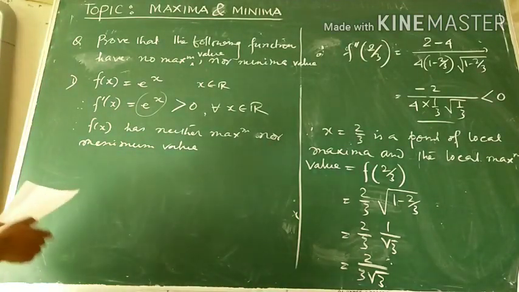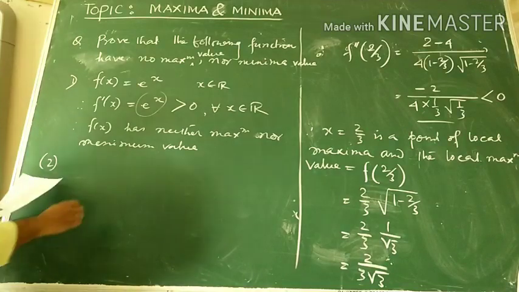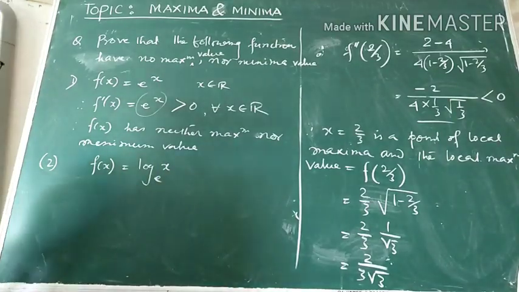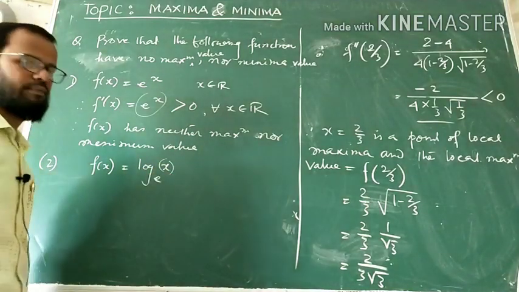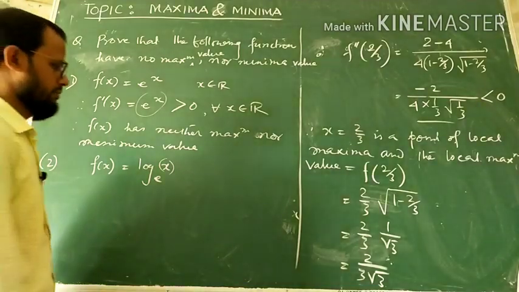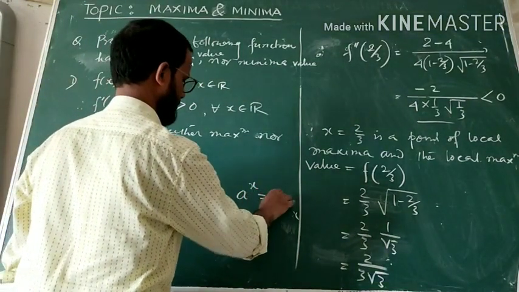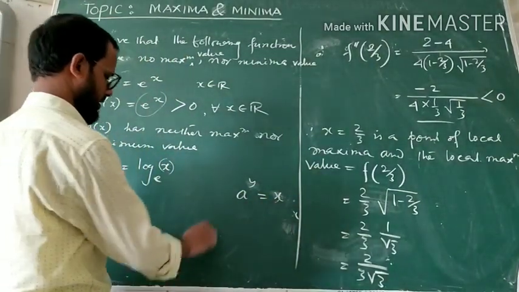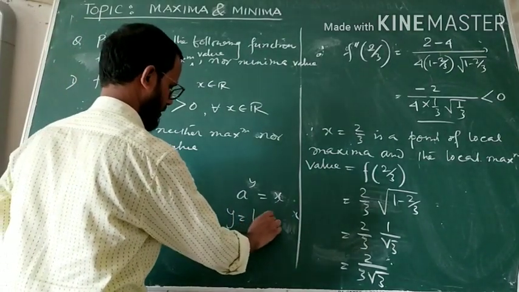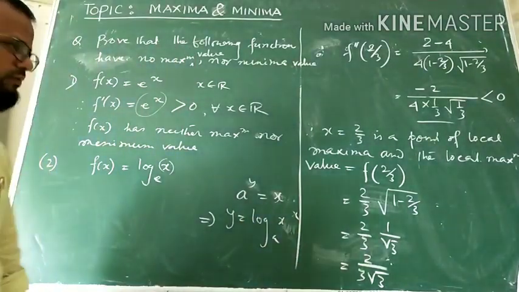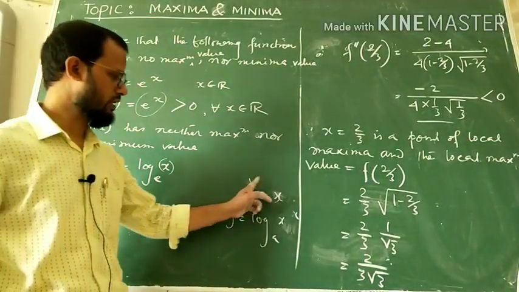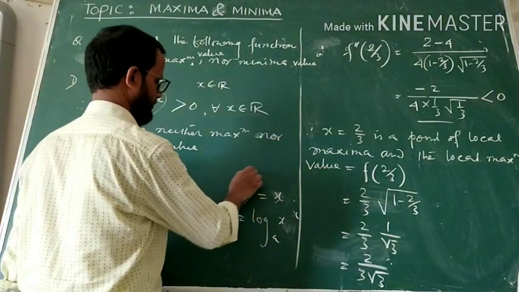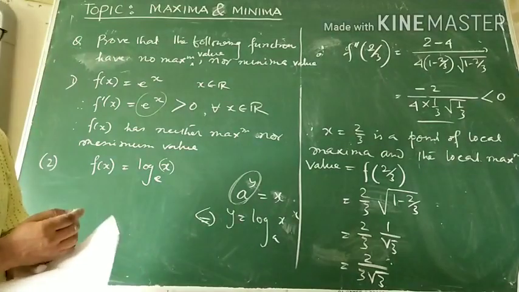Okay. Number 2, suppose fx equal to log x to the base e. In the definition of log, x is always a positive quantity. Because you know a to the power x is equal to y, then y equal to log x to the base a is the definition of log, and this a to the power y is an exponential type function.